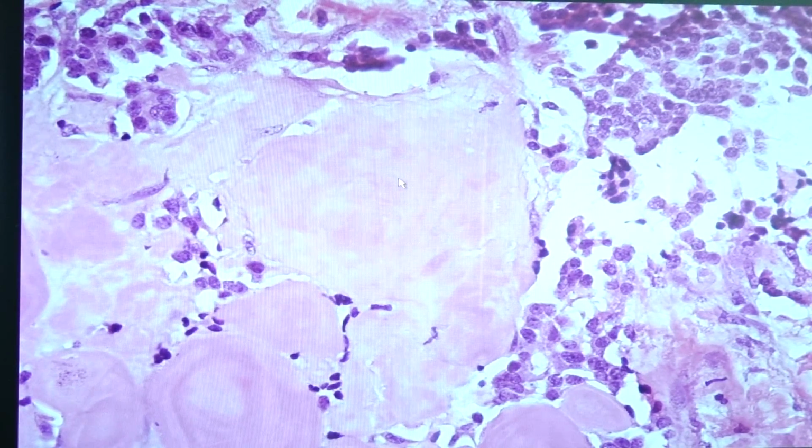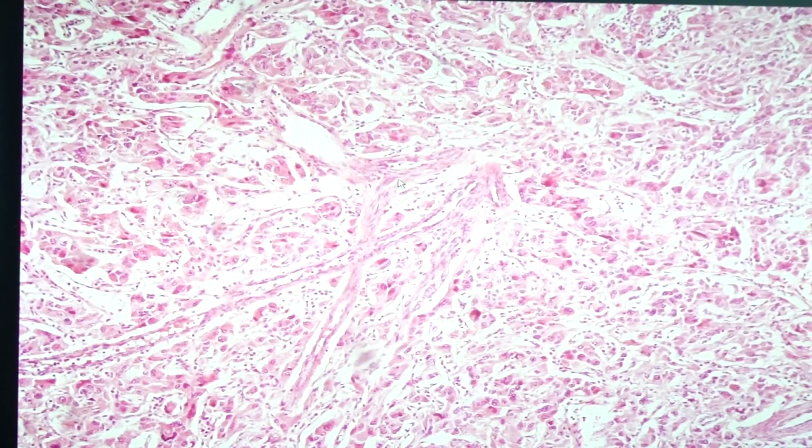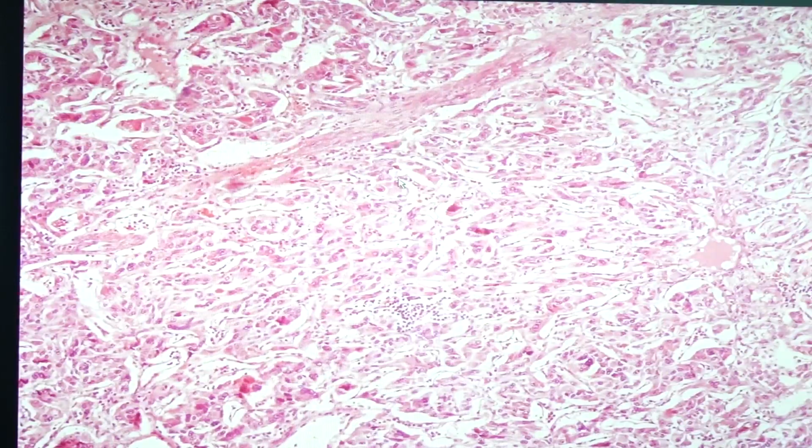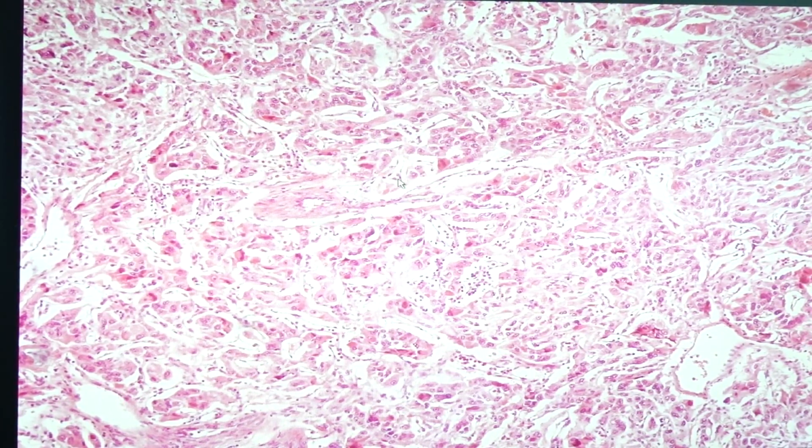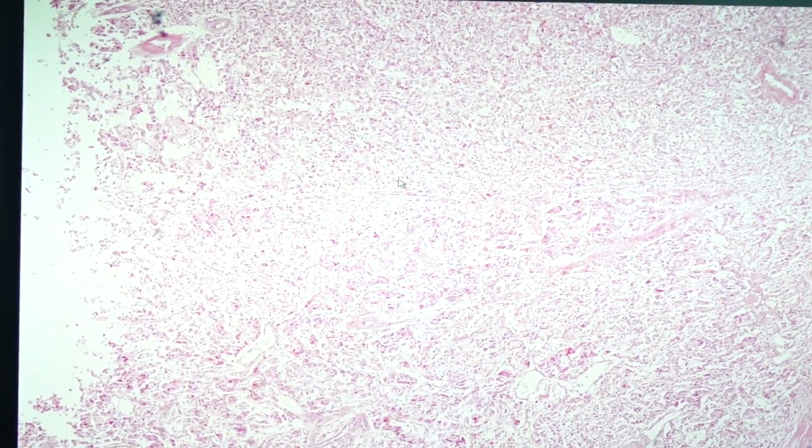Okay, so next we have the Pheochromocytoma, which is slide 169. Pheochromocytoma is derived from the adrenal medulla, and this would be composed of chromaffin cells.